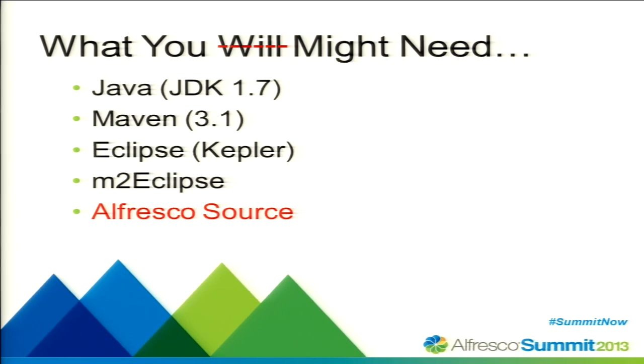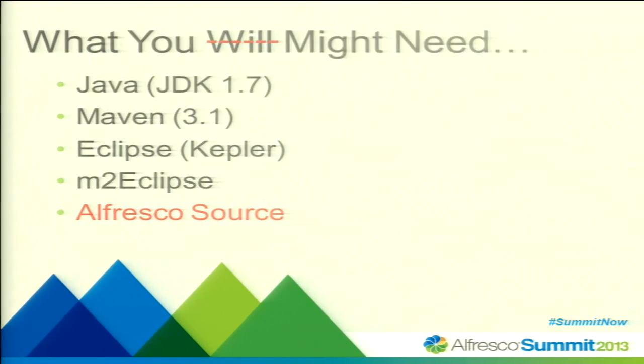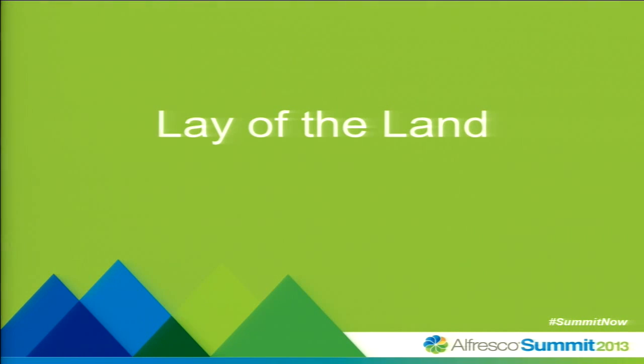But if you get the Alfresco source, Dave's got implementations of a lot of widgets, like 30 or 40 widgets are set up there. And they're excellent guides. They're pretty well documented in terms of the code, and you can see what's happening for a lot of different types of things. If you don't want to download the source, you can also look at the widgets right in the Tomcat directory, and of course you can see them right there too. So enough on the development environment.